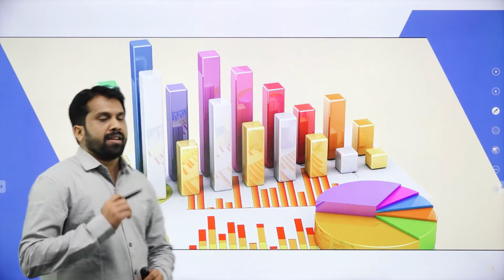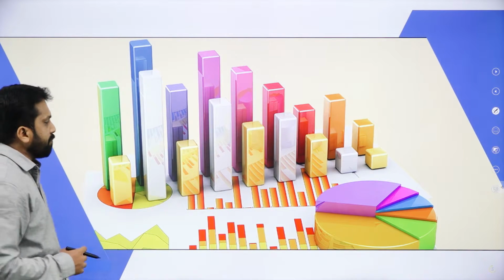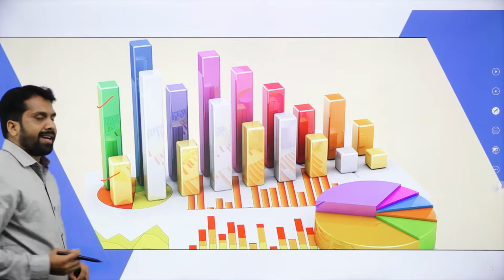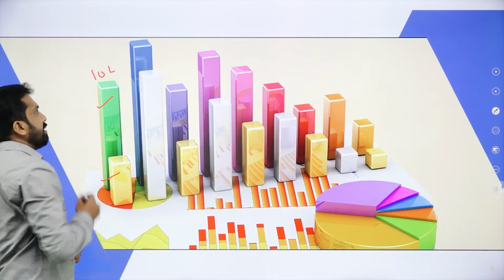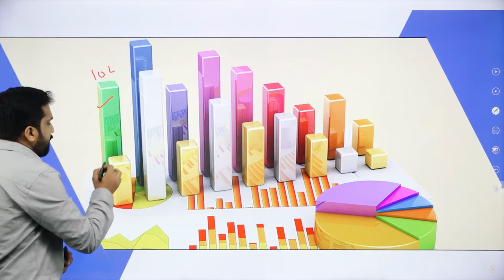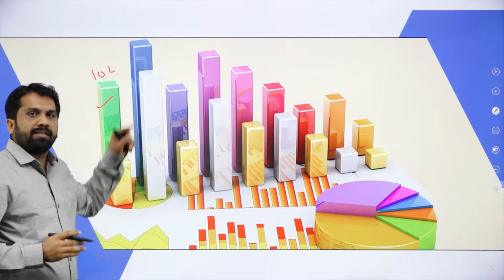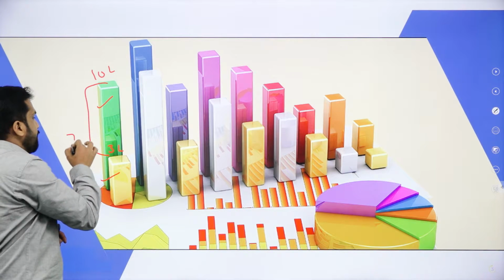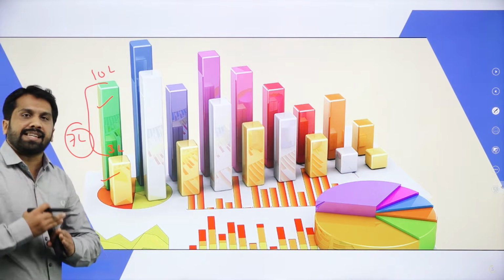The next part. These are the analytical tables or charts. For example, this is last year's information and this is your current year information. Last year your asset value was 10 lakh. This year your asset value is only 3 lakh. You can compare: last year it was 10, this year it is 3. What is the difference? 7 lakh. You have to find the reason why it decreased.